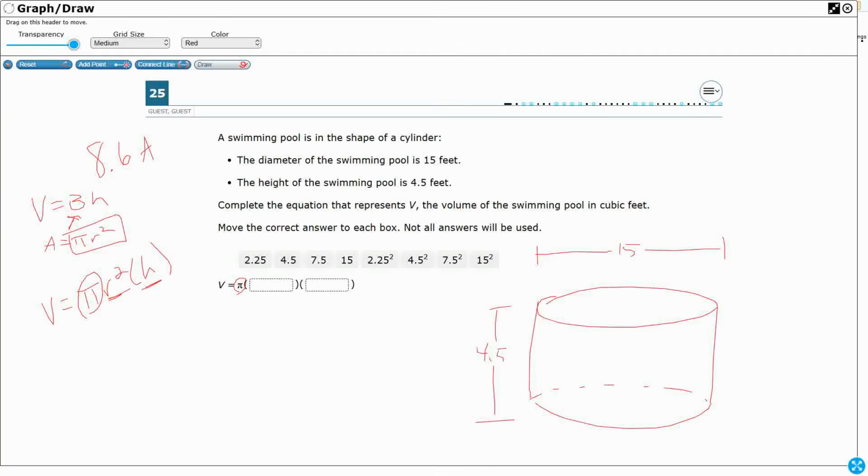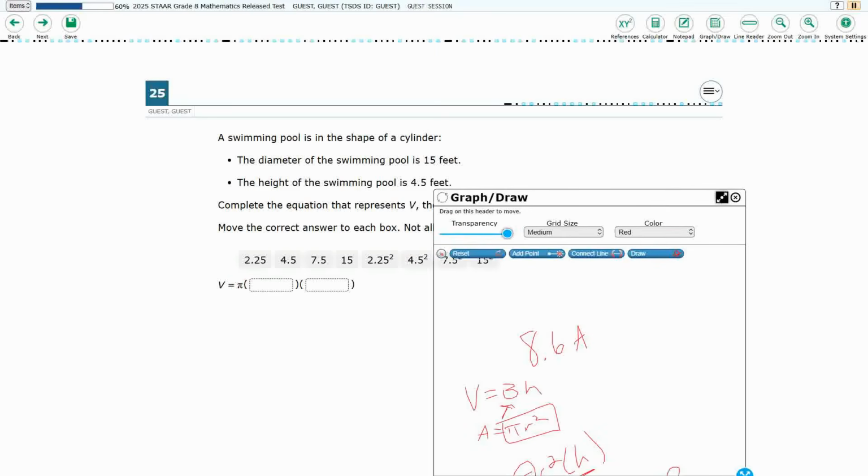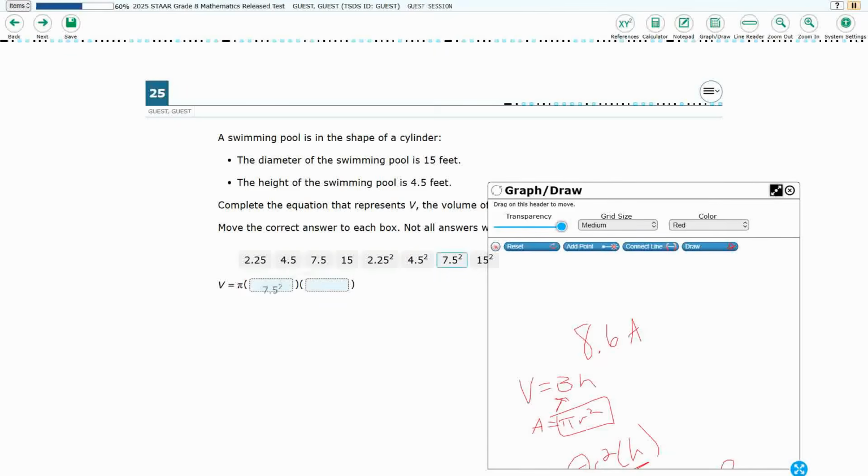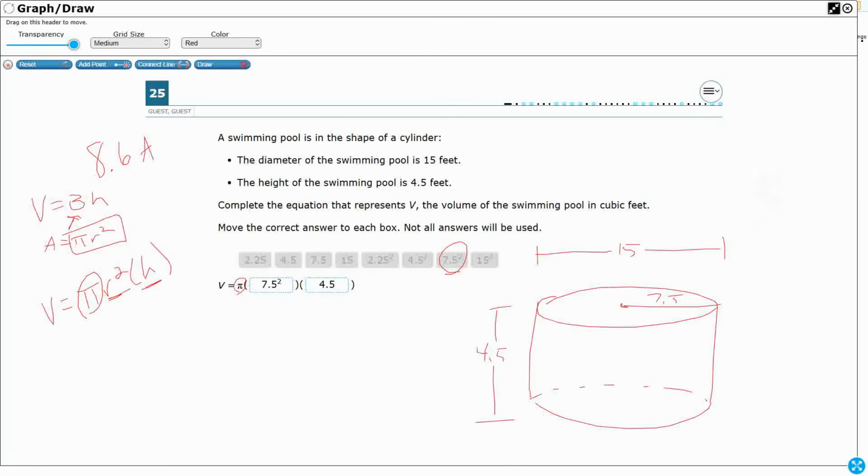Well, what is my radius? It's going to be half of 15, so half of 15 is going to be 7.5, so I need 7.5 squared. So I'll put that here. And then my height was 4.5. And so there we go. That is the correct answer.